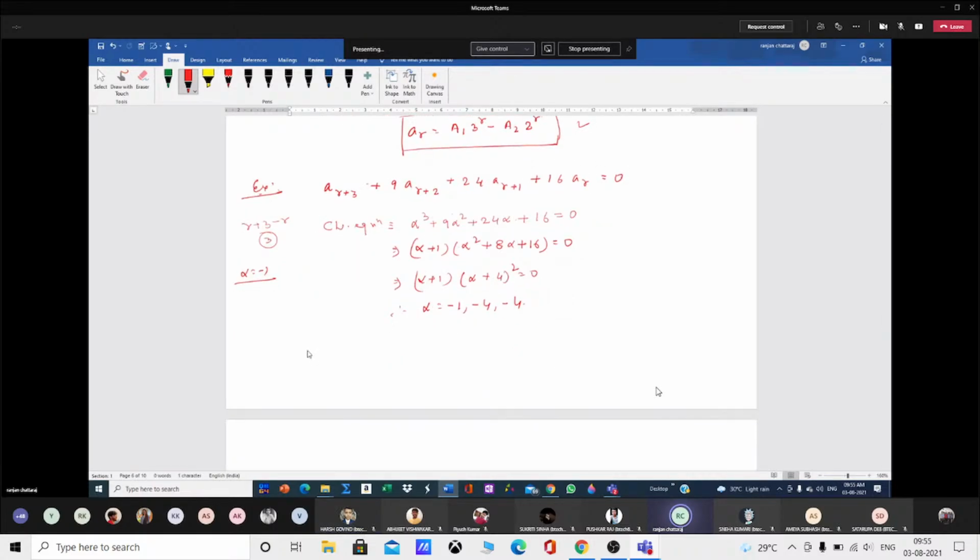So what should be the solution? The solution should be a_r equal to A1, this is distinct, so it is minus 1 to the power r.